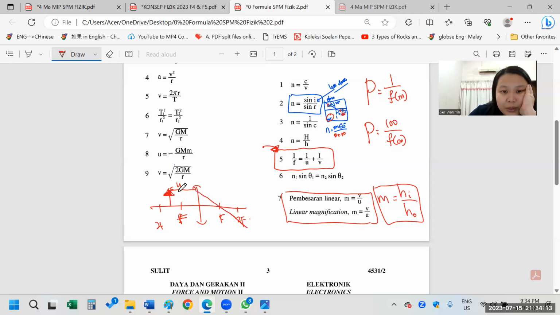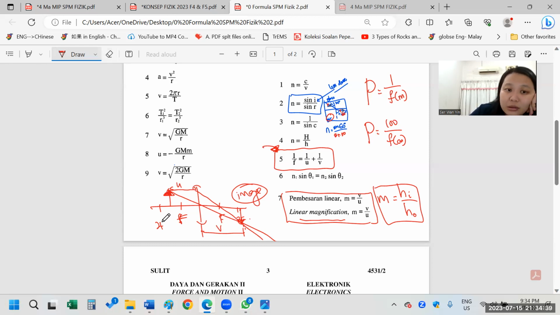Then what will happen? The image will be here. So from the lens to the image is V. So linear magnification means V, image distance from the lens, divided by object distance from the lens.